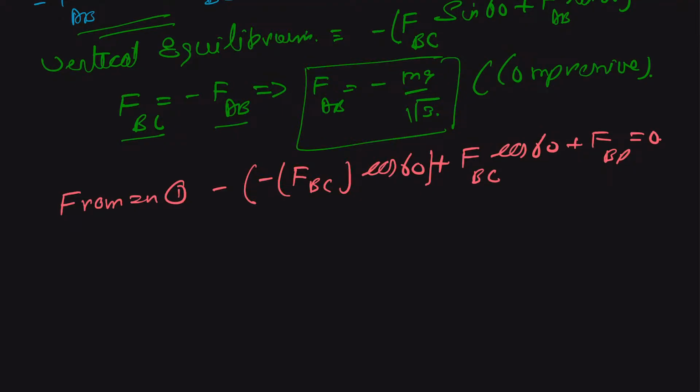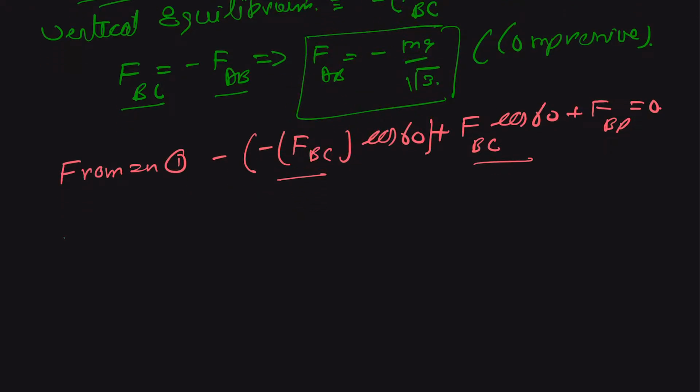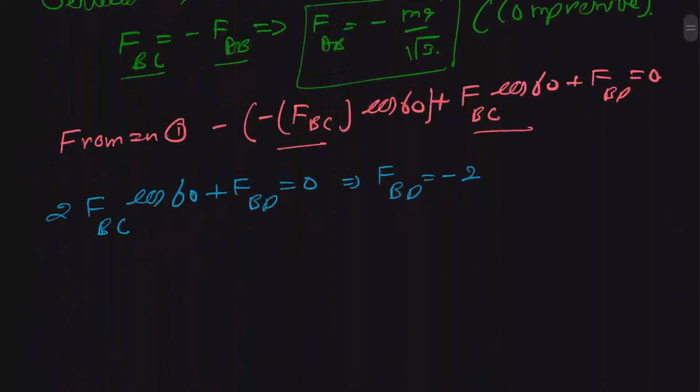And this will be minus minus plus, and this all will be plus, so we get here 2 FBC cos of 60 plus FBD is equal to 0. Or we can write that our FBD is equal to minus twice FBC, and FBC is our mg square root of 3.